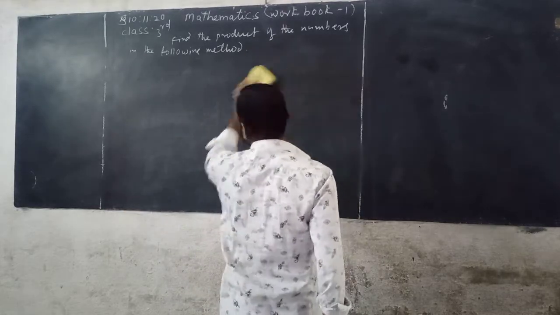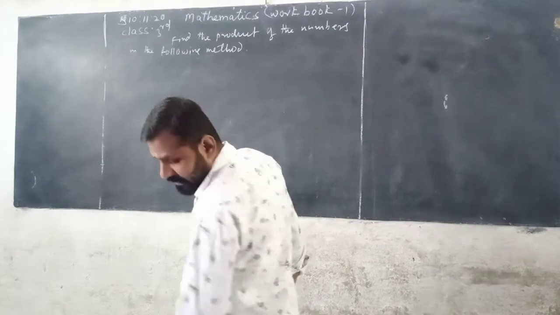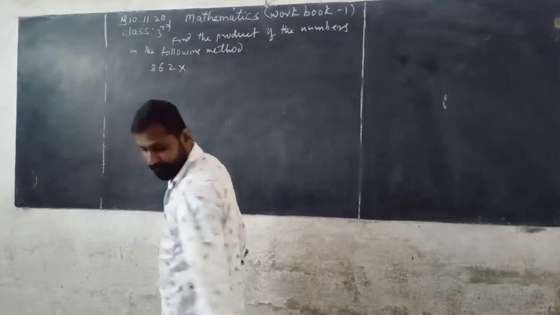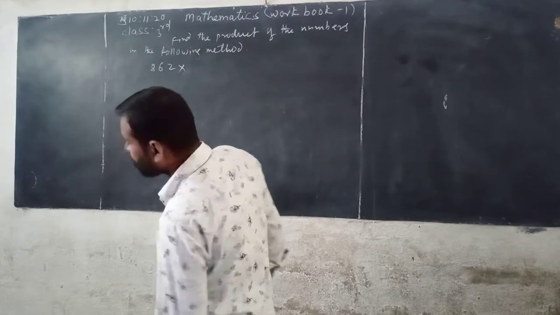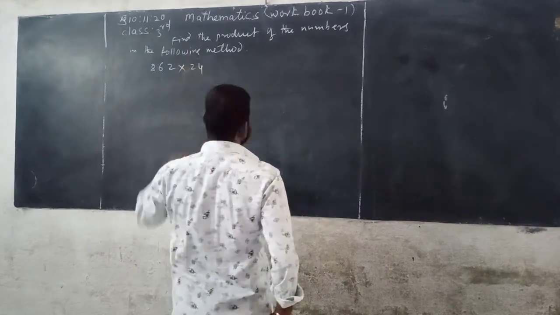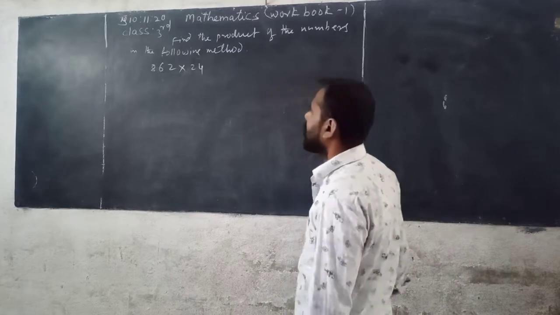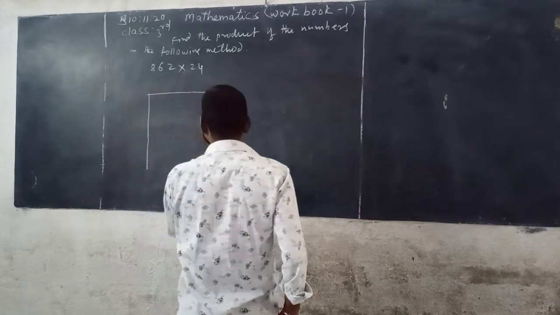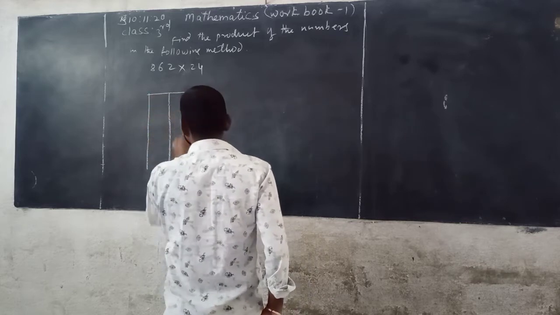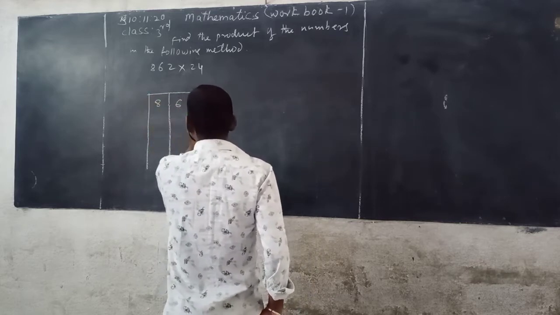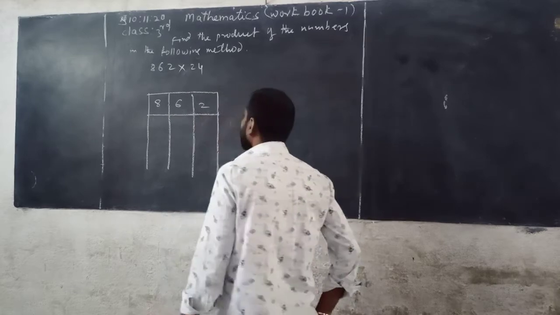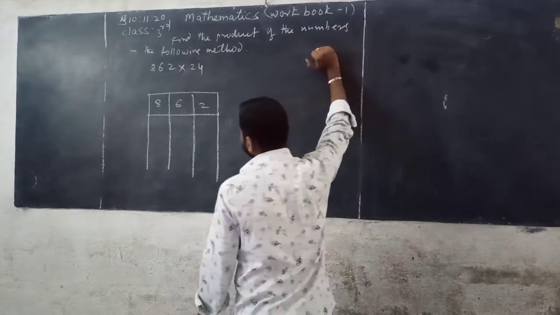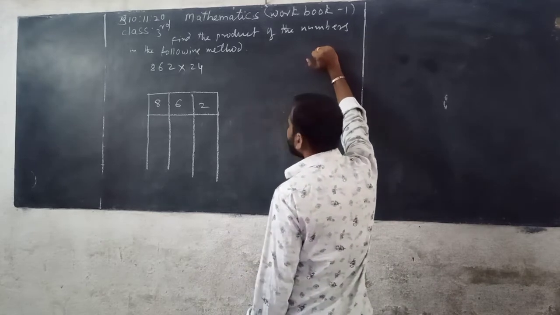Now next one, 862 into 24. Now first draw a table according to the problem, then you can write it here. 862 write at the top of the column and 24 is written adjacent to the rows.